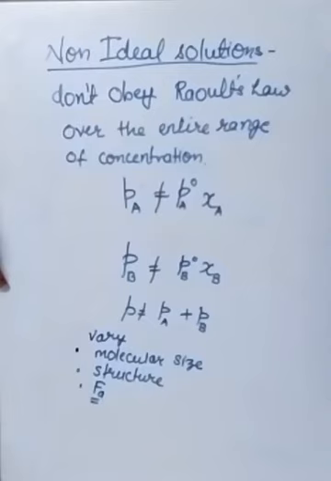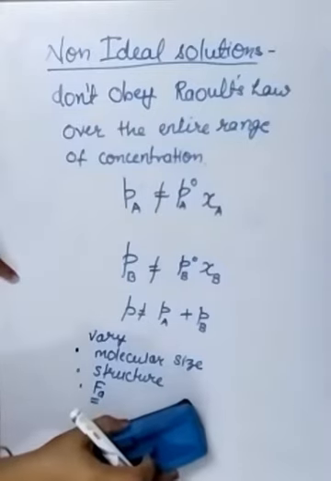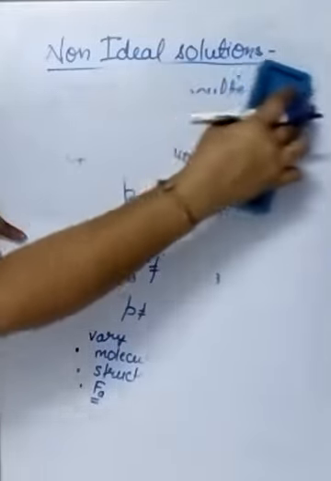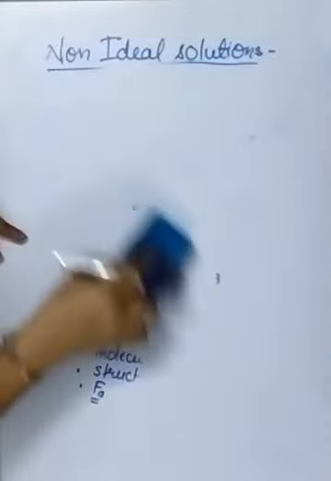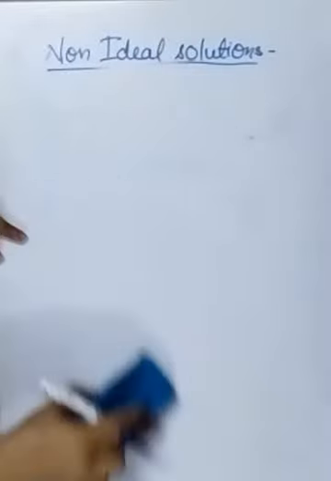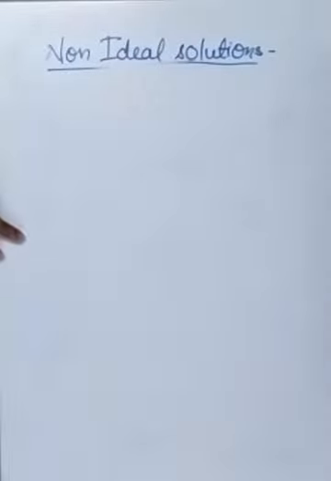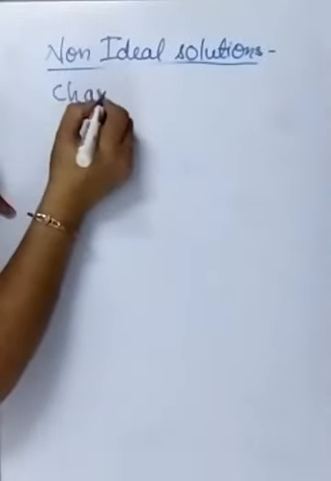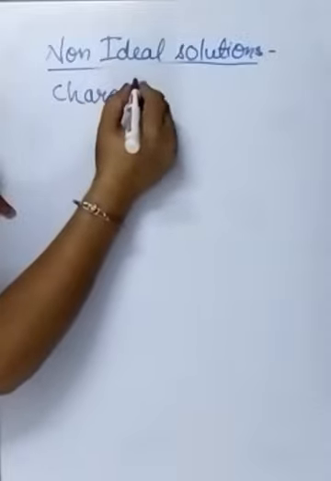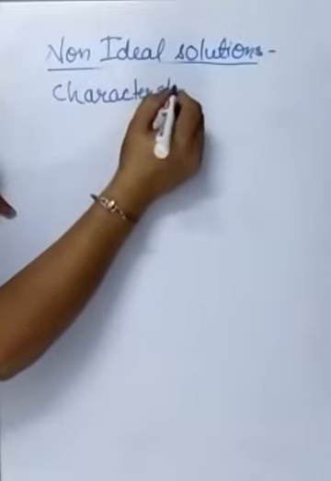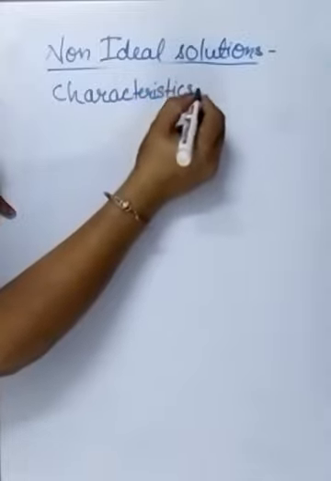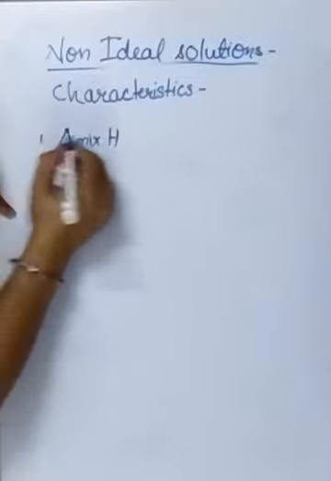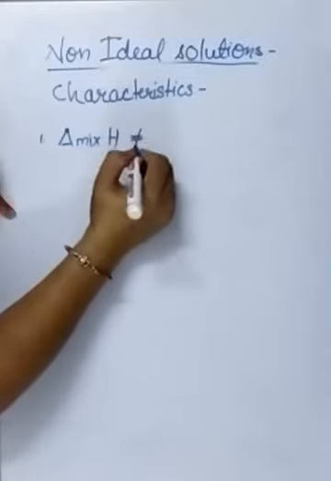So we'll see the characteristics of non-ideal solutions. What are the characteristics of non-ideal solutions? If del H mixing is 0, then it is an ideal solution. So the first characteristic is that del mixing H will not be 0.